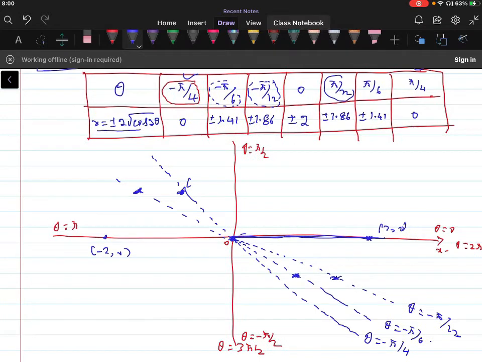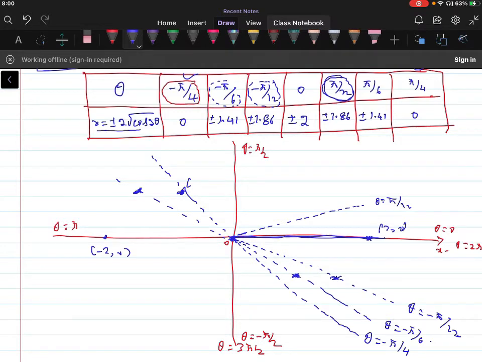For theta is equal to pi by 12, there are two values of r, plus 1.86 and minus 1.86. So draw the line that makes an angle theta is equal to pi by 12 in the anti-clockwise direction with the initial ray.